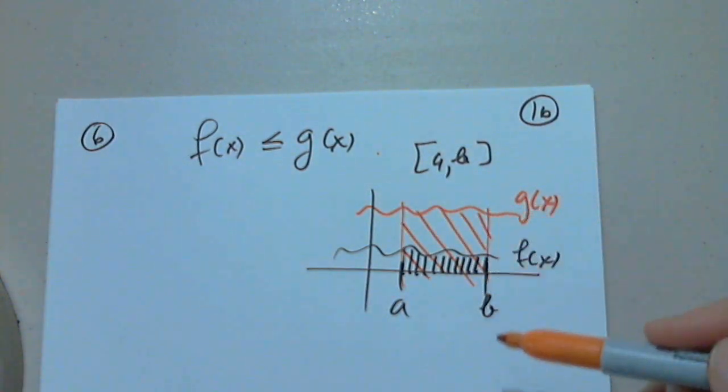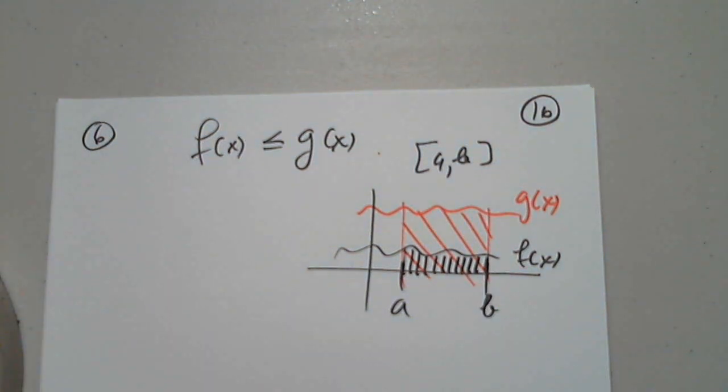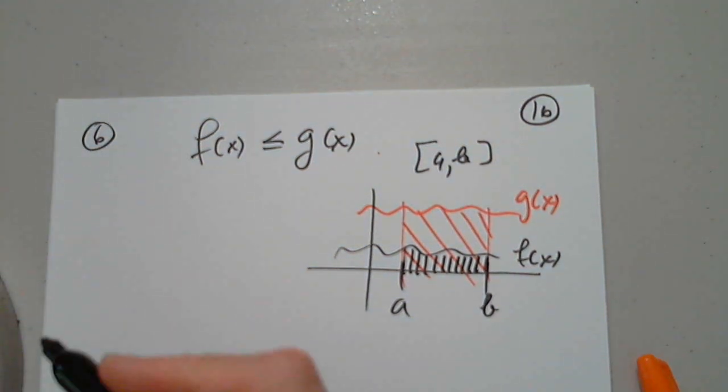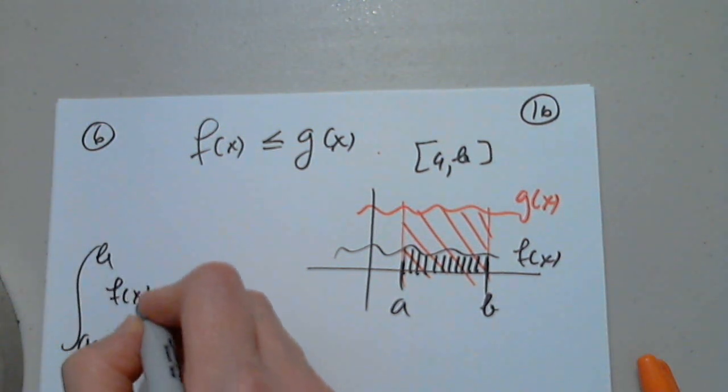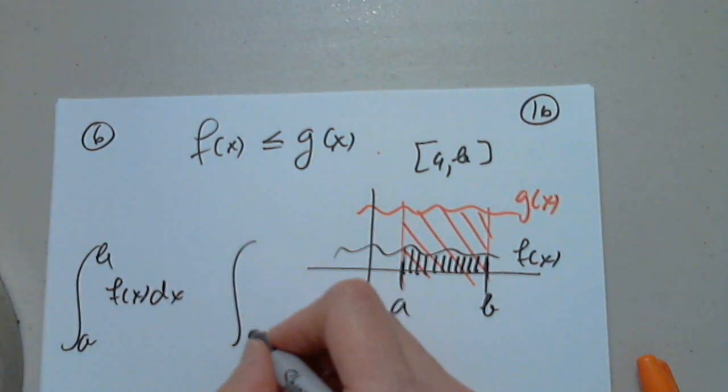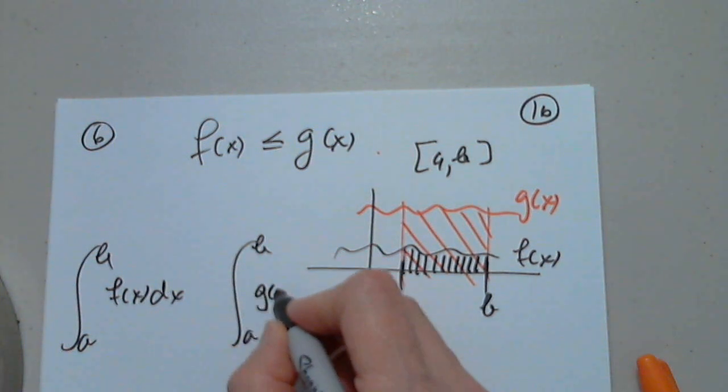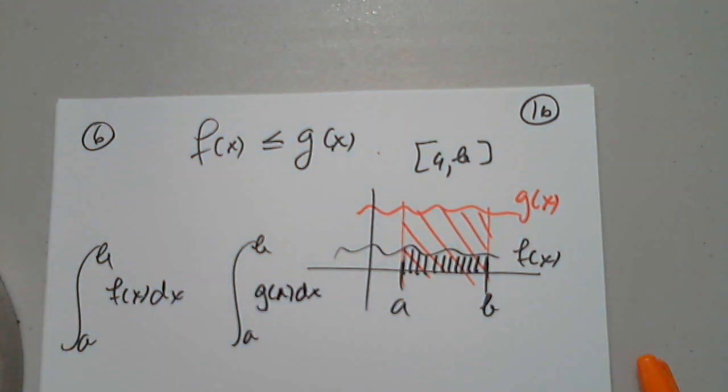This is the area under g, and this is the area under f. The area between a and b of f of x dx, and the area between a and b of g of x dx. What would the relationship between these two be? Which one will be bigger? G of x. Yeah. Right, makes sense.